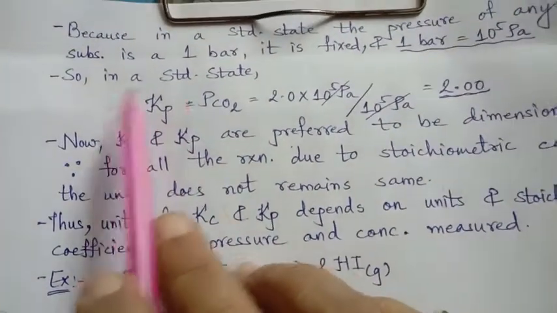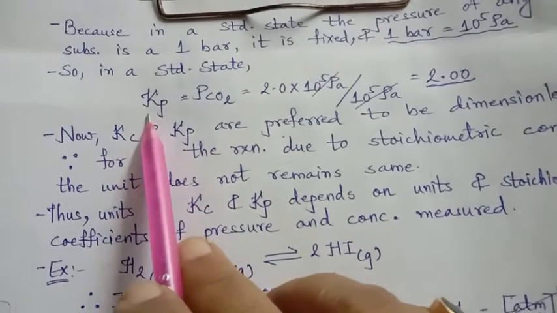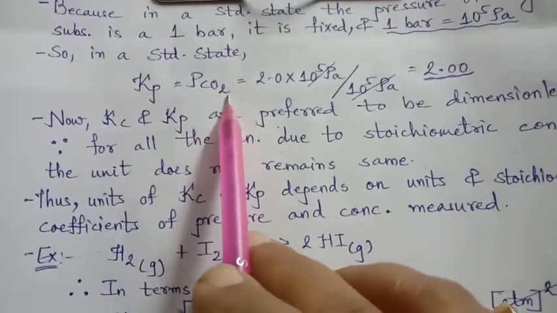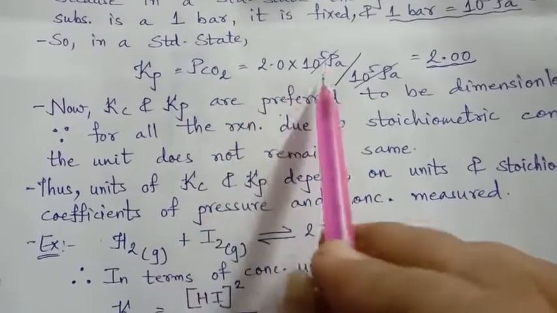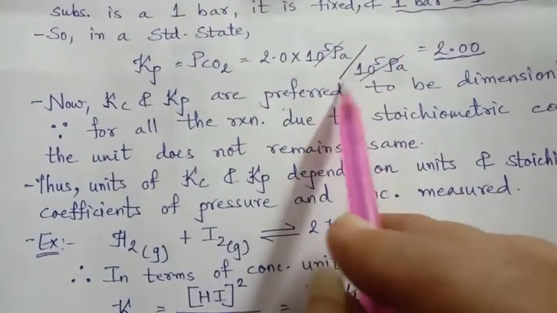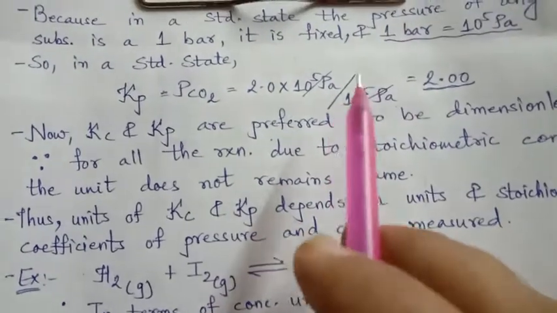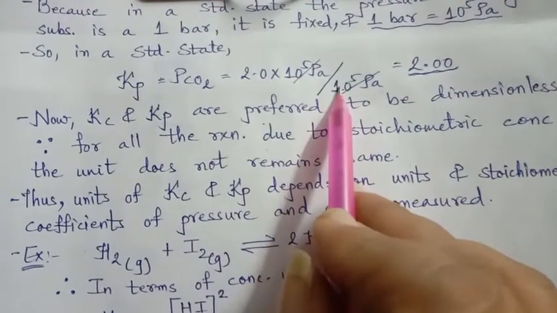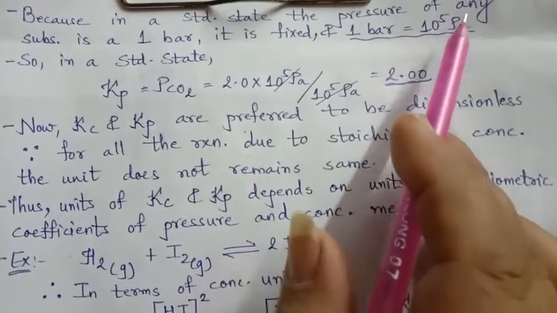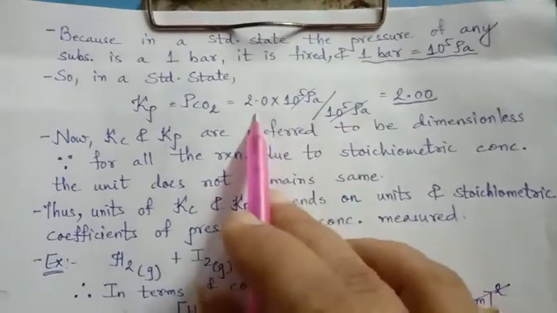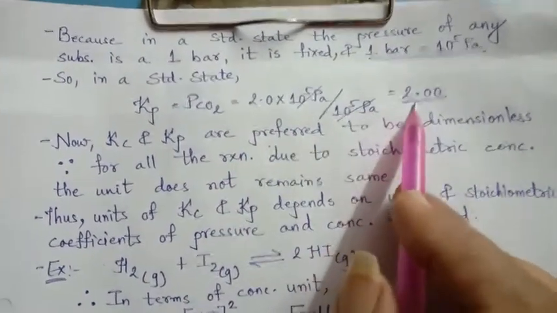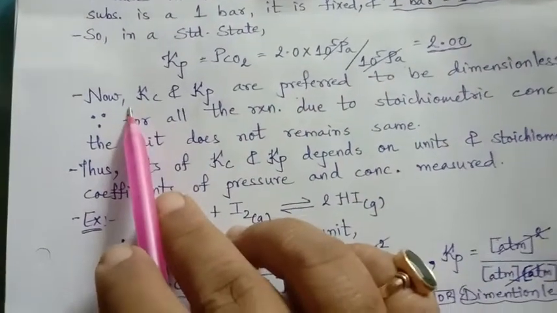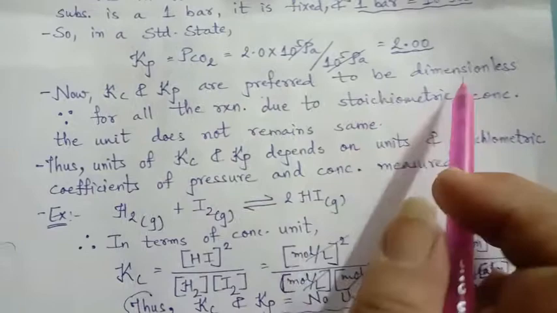So in a standard state, the equilibrium constant for pressure is equal to the partial pressure of carbon dioxide, which is 2 into 10 raised to 5 Pascal divided by 10 raised to 5 Pascal, because this is to be considered for the standard state, so it will be 1 bar, and 1 bar is equal to 10 raised to 5 Pascal. And so here you see Kp does not have any unit. So Kc and Kp are preferred to be dimensionless.